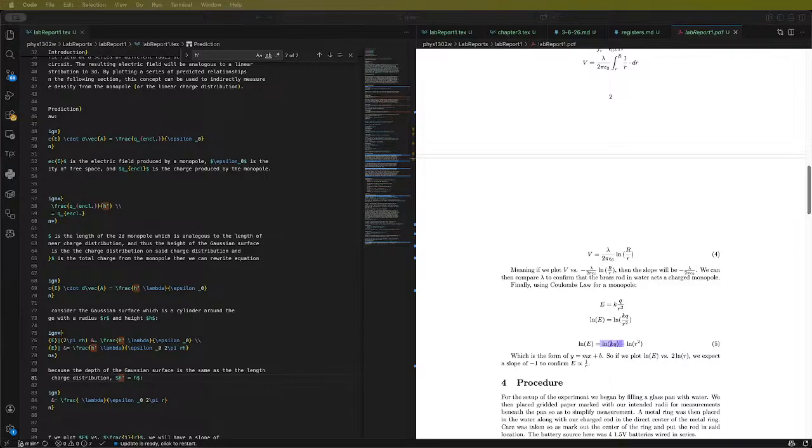Does it tell us to do that? So plot: if you plot the natural log of the electric field as a function of the natural log of the distance from the monopole, what should the slope of this plot be?